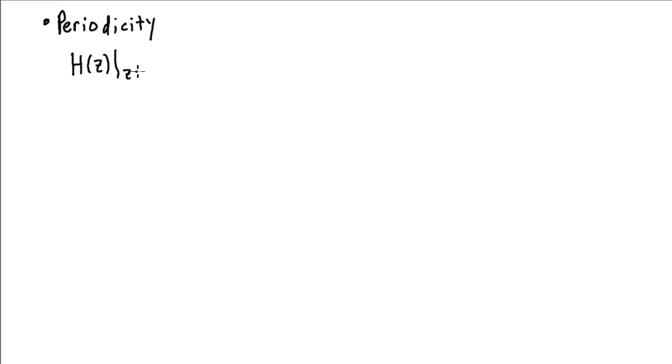if we evaluate that at e to the j omega, this is on the unit circle, and we get H of e to the j omega, which is our frequency response.